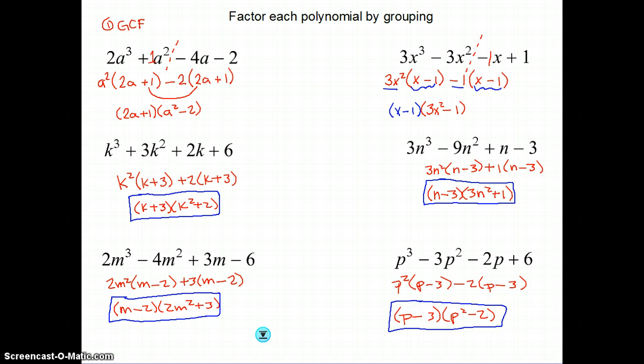Now keep in mind, if you did have your sets of parentheses switched, that's okay. For example, here in the first one that you did, you may have k squared plus 2 first with the k plus 3 second. As long as inside the parentheses doesn't change, that's okay.